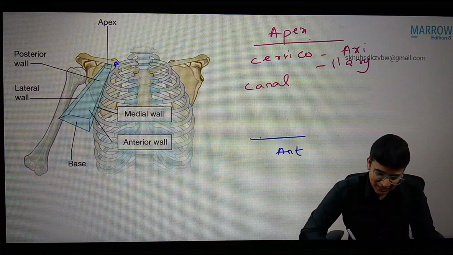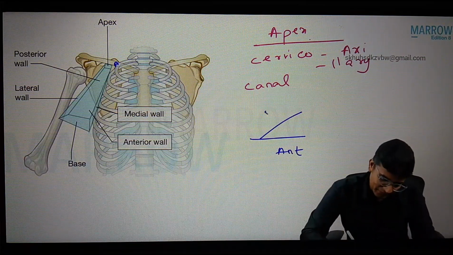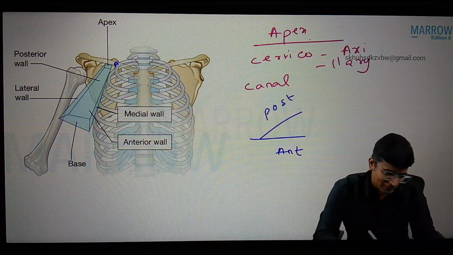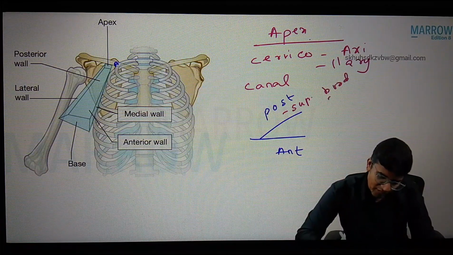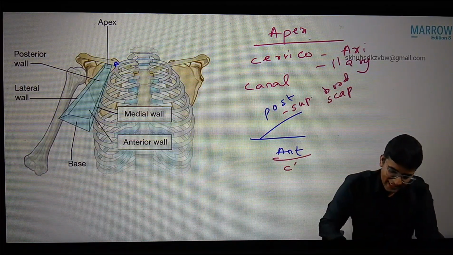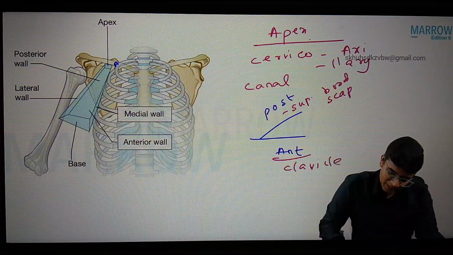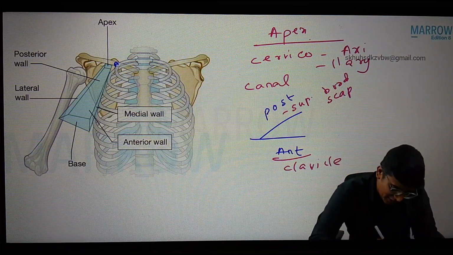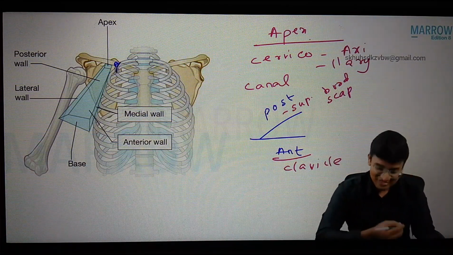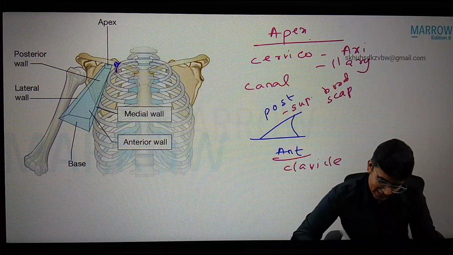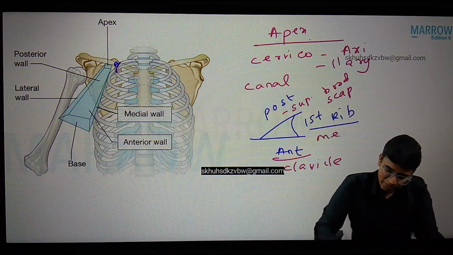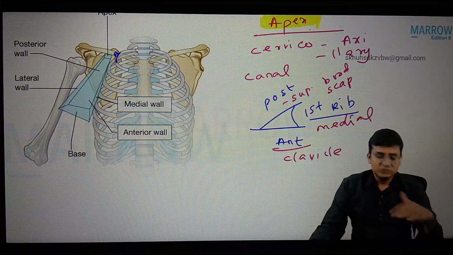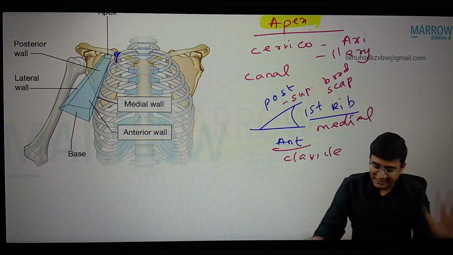Posteriorly, we are seeing the superior border of scapula. Medially, you are seeing this bone. What bone? First rib. So medially, we have first rib. That's all about the apex, cervico-axillary canal.